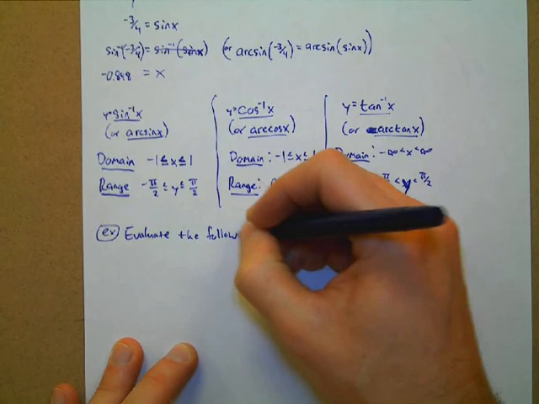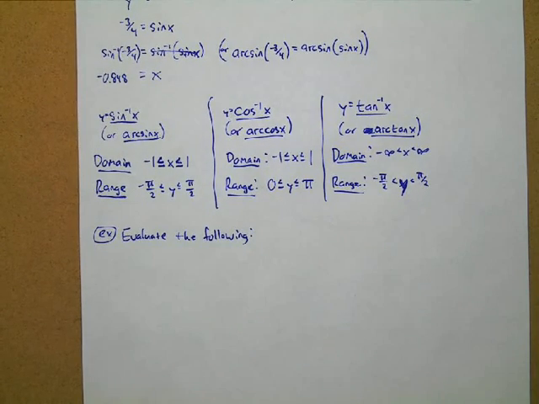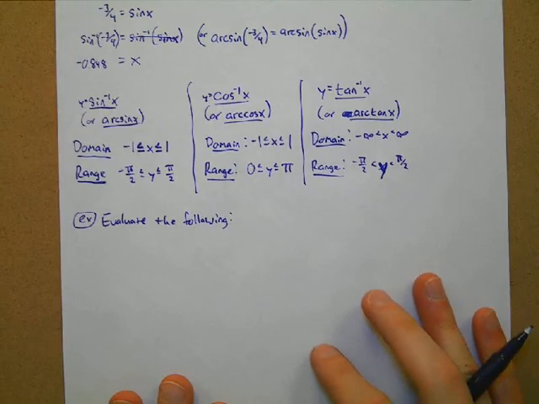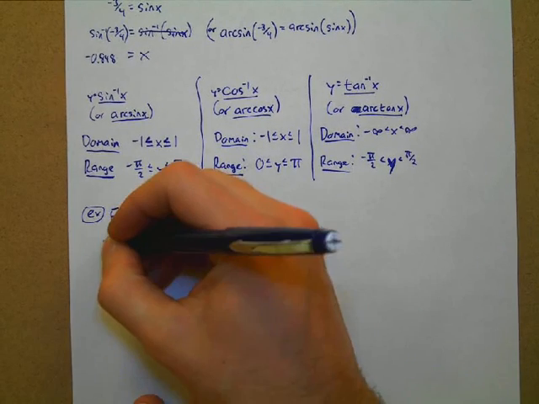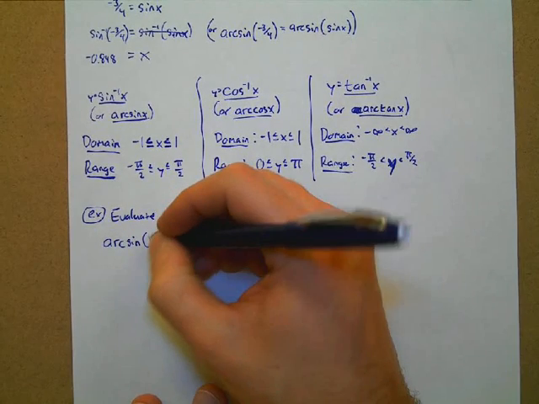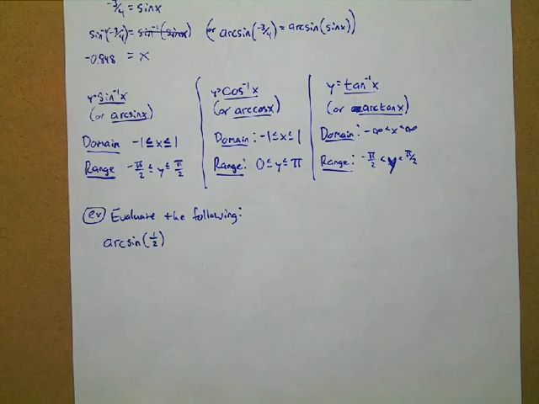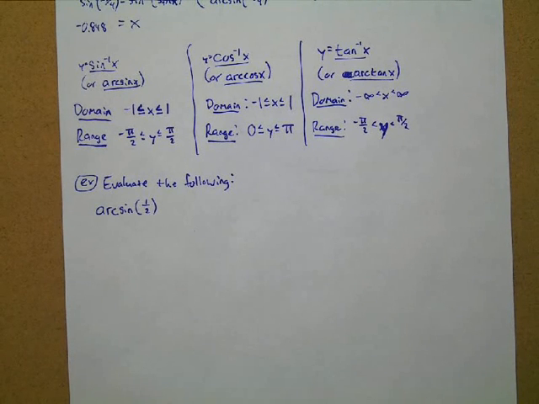For example, arcsine of 1/2. When I go to evaluate something like this, I actually like to rewrite it.